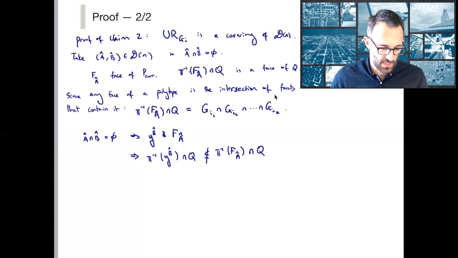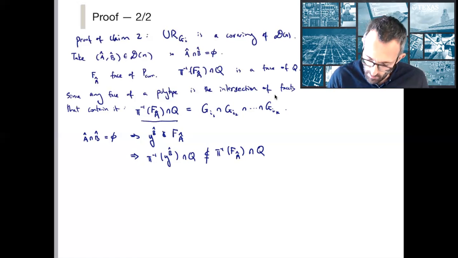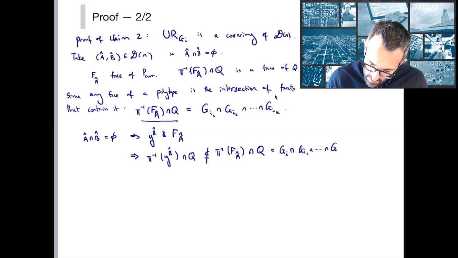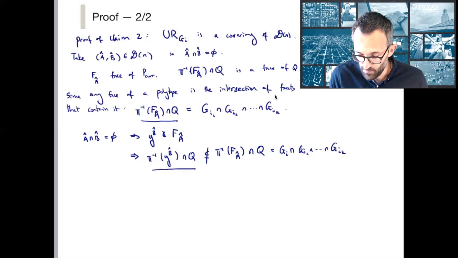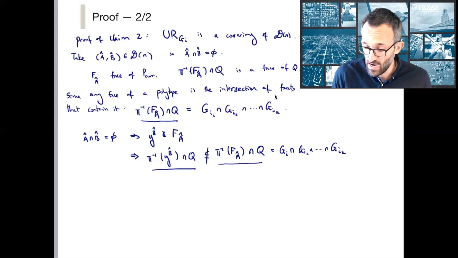And from here, you can see that we're pretty much in the clear, because pi inverse of FA hat in Q, as I wrote above, is exactly equal to this intersection, GI1, GI2, up to GIK. And so if what I have on the left is not fully contained in pi inverse of FA hat, then it certainly cannot be contained in every single one of these.